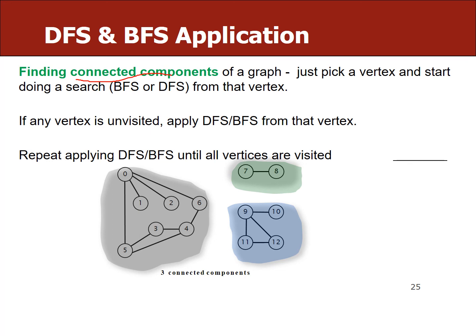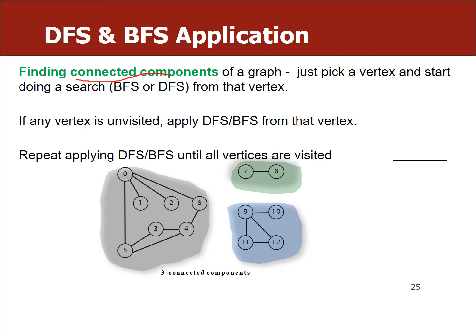So the DC knows that I applied DFS once here, a second time here, a third time here. Did I call DFS 3 times? It indicates that the complete graph has 3 components, right? So I can find out the number of connected components and the components themselves by using DFS or BFS. How do we do that?